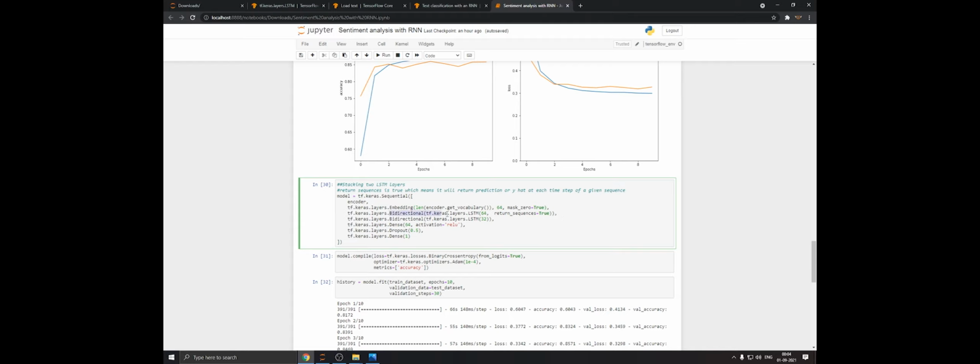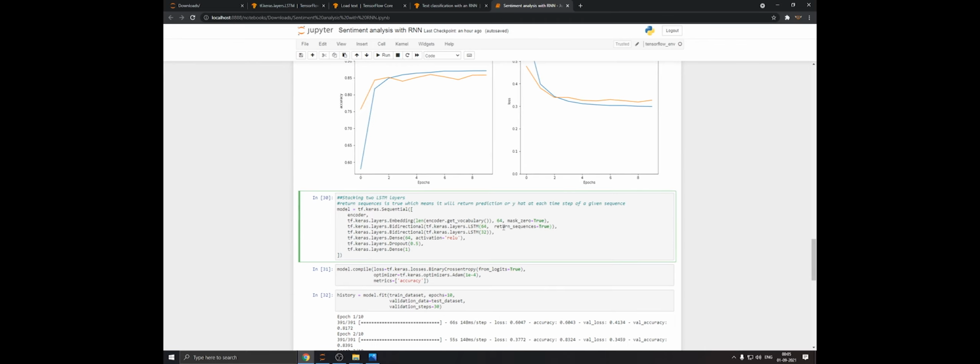And then a bidirectional RNN with 64 units. Return sequences true means that this will return y hat, the prediction, after each example or time step. So we will be getting a prediction after each time step.